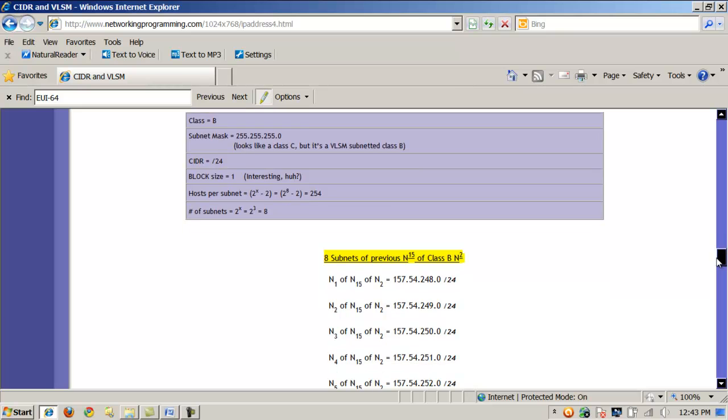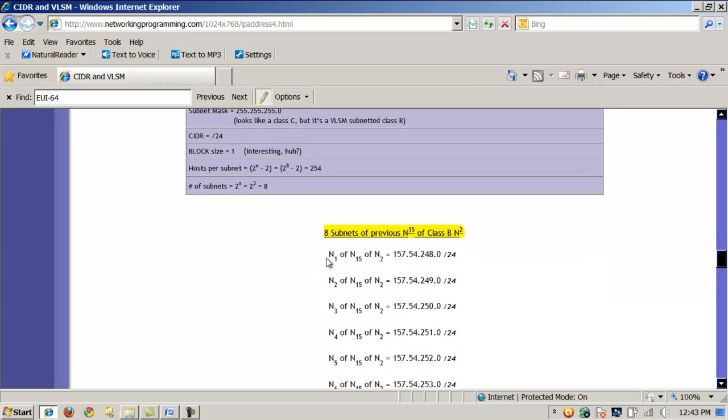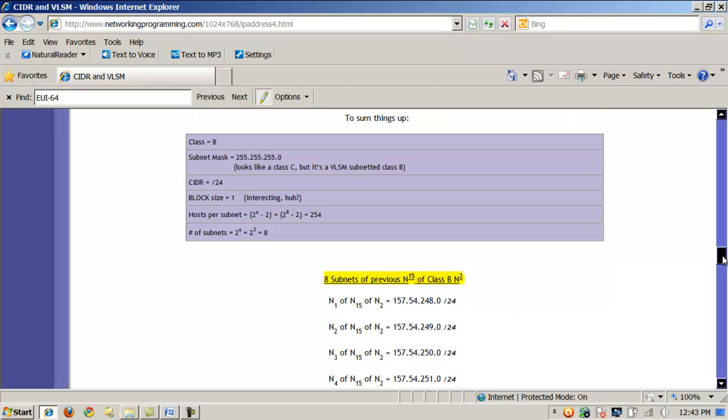And basically what I would end up with then is, okay, the last subnet of the network would be 157.54.248. Okay, and why 248? Again, let's go back and look at the byte table.